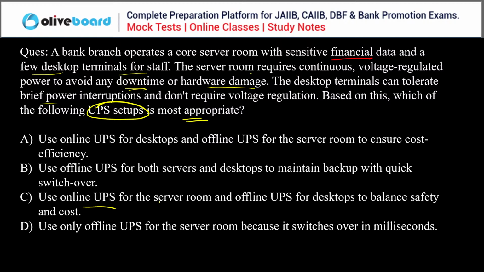So give online UPS for the server room and offline UPS for the desktop to balance safety and cost, right? If you give both the online UPS, then you might have to incur a lot of cost, and to avoid that, we need a balanced approach. So C is the answer. Okay, C is the answer, right?